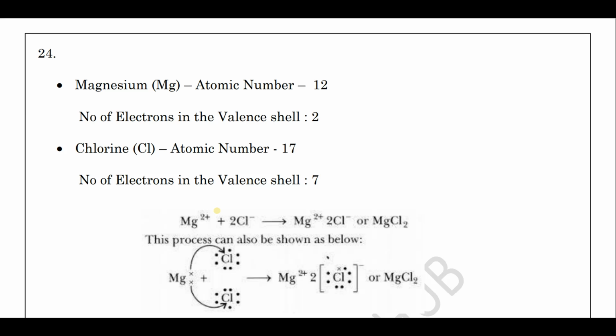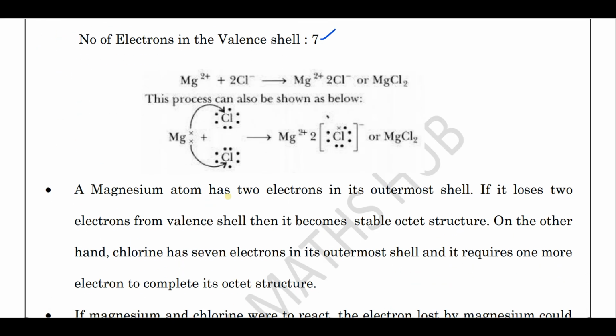24th question. Magnesium forms an ionic compound with chlorine. Why? Explain. Magnesium atomic number is 12. Number of electrons in the valence shell is 2. Chlorine atomic number is 17. Number of electrons in the valence shell is 7. Now, magnesium atom has 2 electrons in the outermost shell.